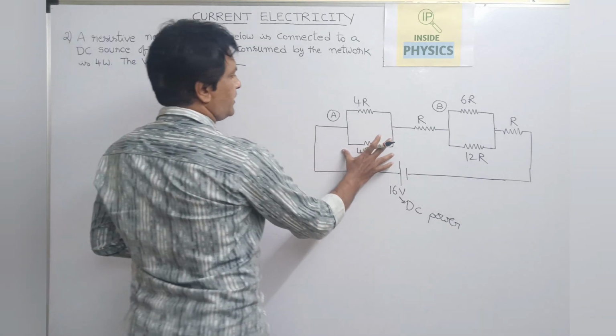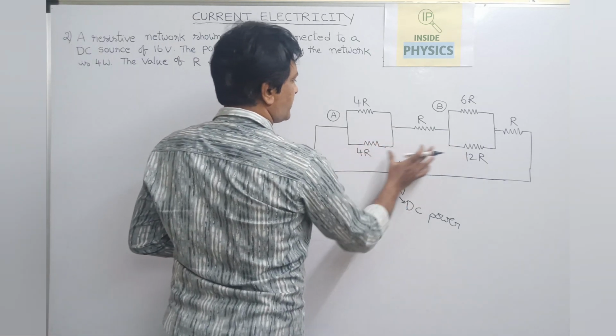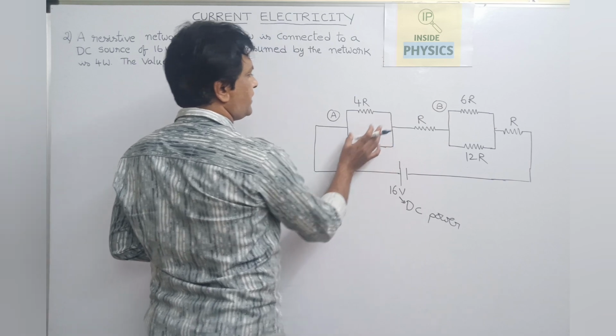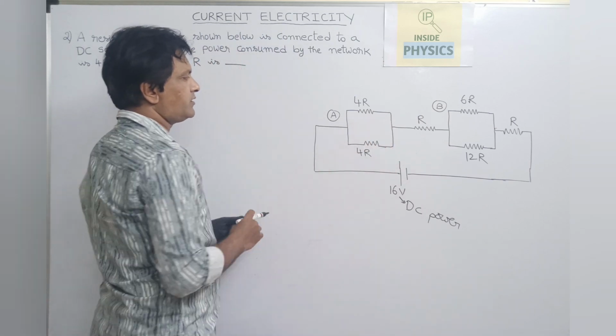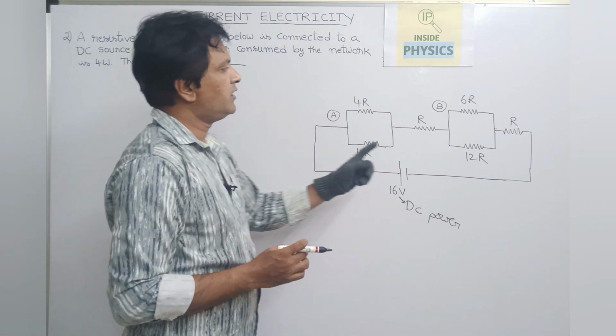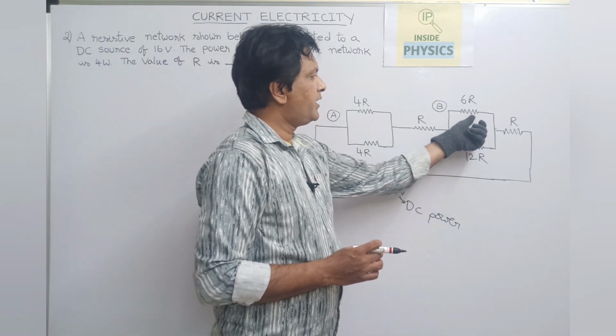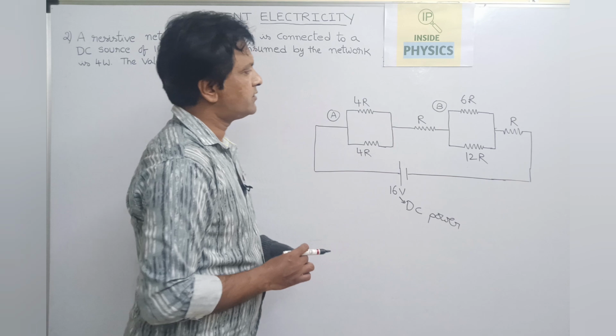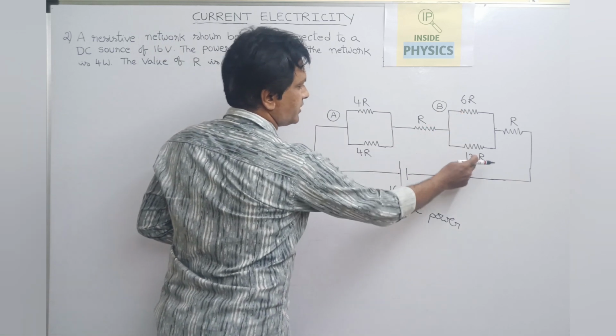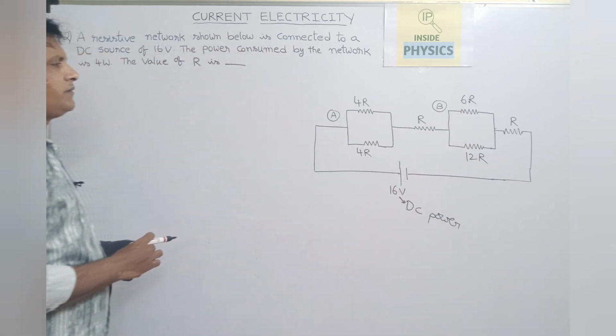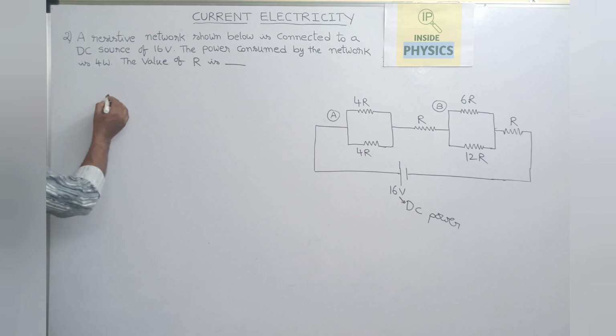So this part A is converted into a single resistor by calculating the equivalent resistance of these two resistors, and part B is also taken into consideration by calculating the equivalent resistance of these two resistors connected in parallel. So we will go one by one.